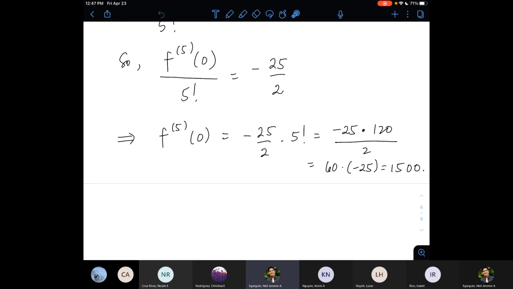Maybe let's go to series expansions. We already did 1 over 1 plus x squared. Oh, monotonicity. Well, there are several ways to do monotonicity.